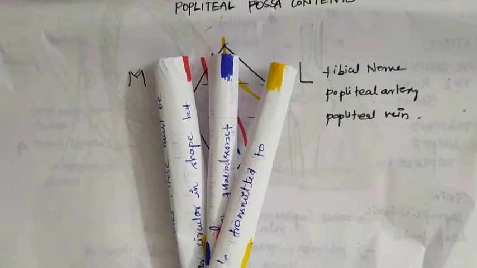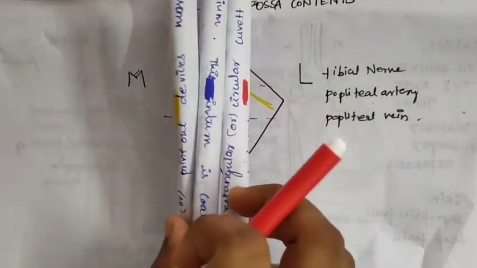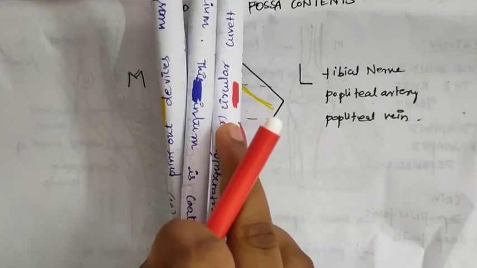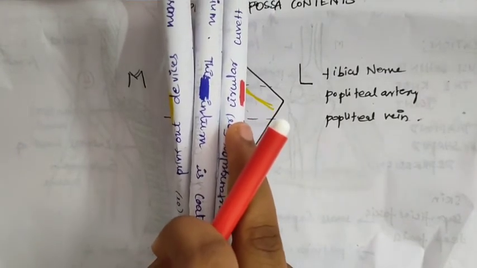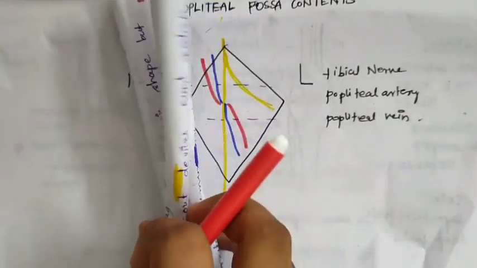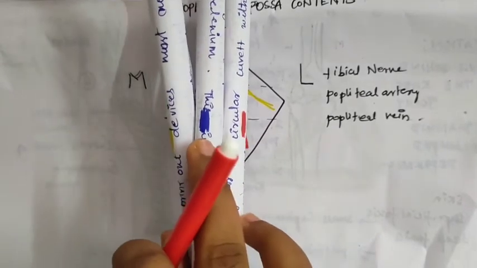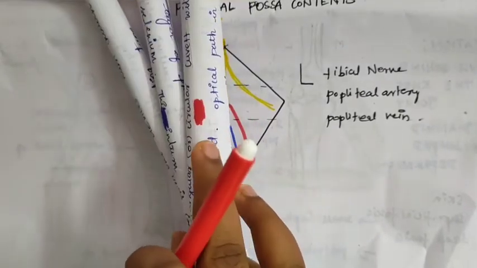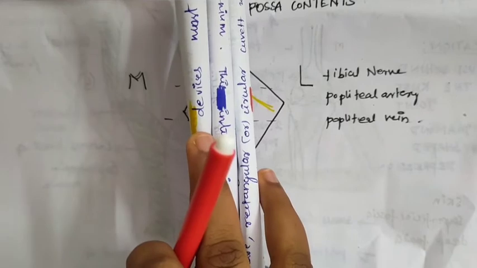When you see it in the middle portion, the artery is anterior. It is arranged like this: artery, vein and nerve.